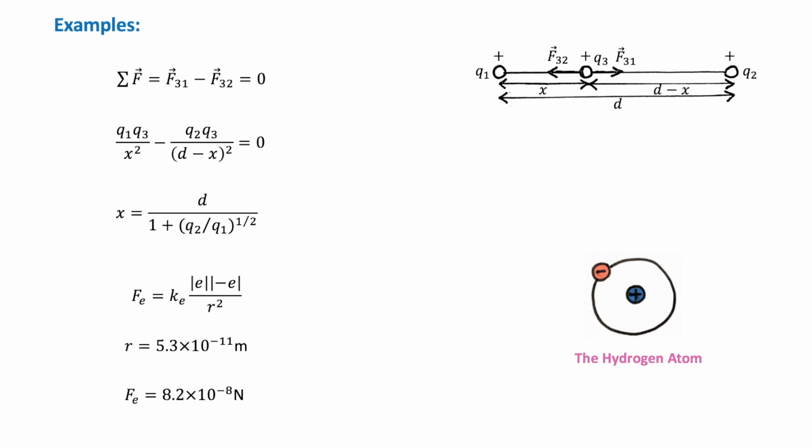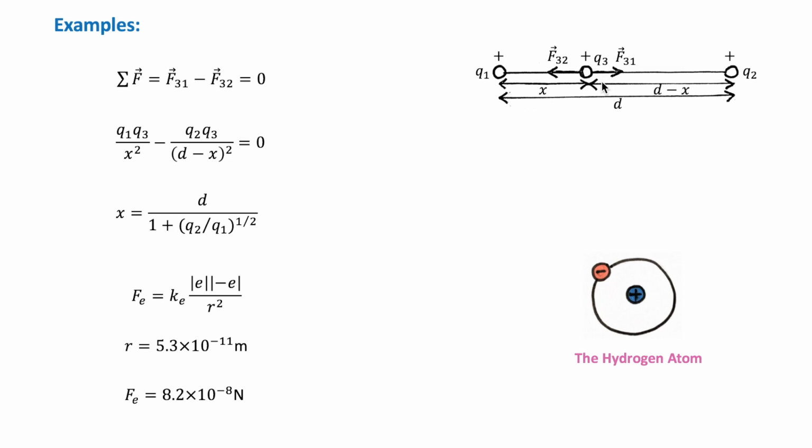So first, let's say we have three positive charges, Q1, Q2, and Q3, and Q1 and Q2 are separated by a distance d, and you want to know where you can place Q3 between the two charges such that the force on Q3 vanishes, okay?